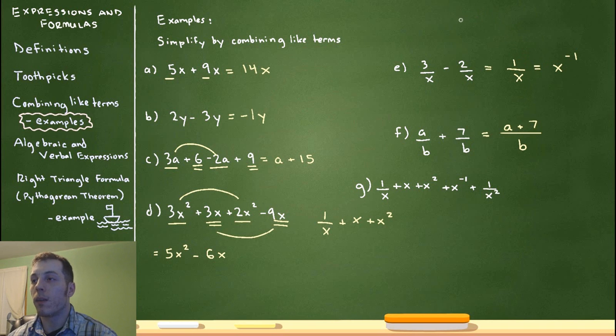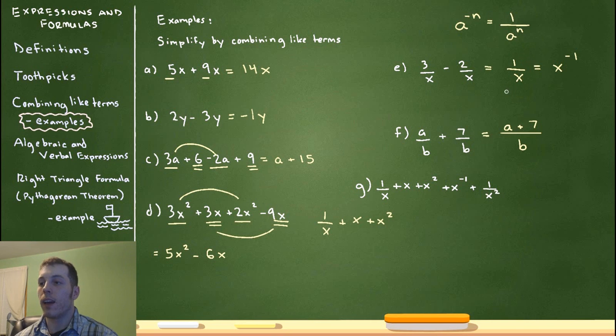So in order to know this, we'll need to recall that a to the negative n is 1 over a to the n. So x to the negative first, instead of writing this, it should be 1 over x to the positive first. But anything to the positive 1, you don't need to write it. And then plus, here we have 1 over x squared.